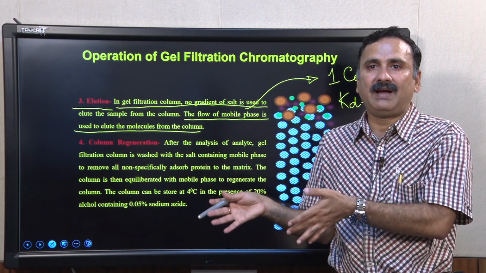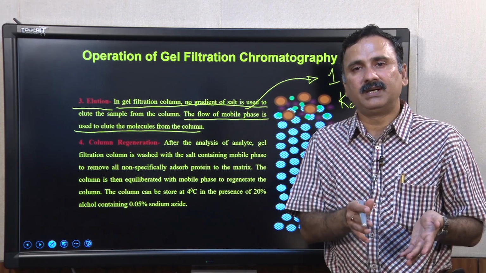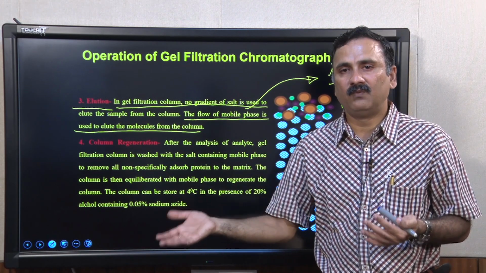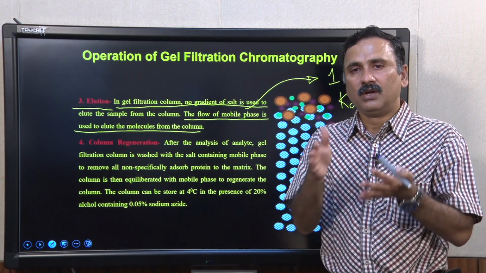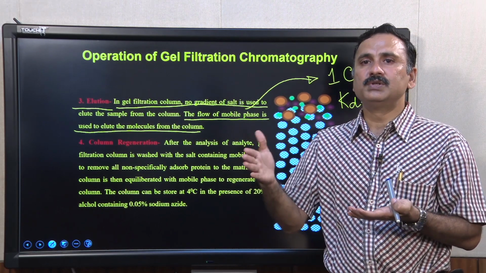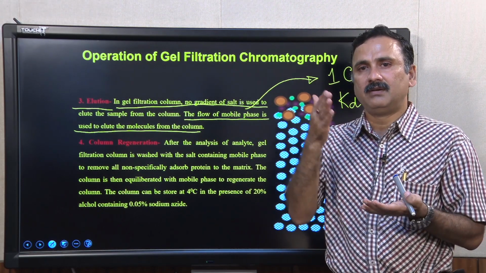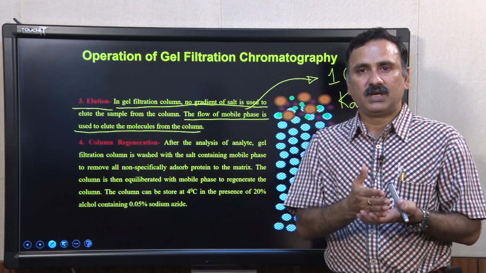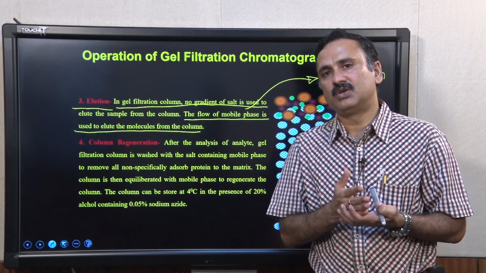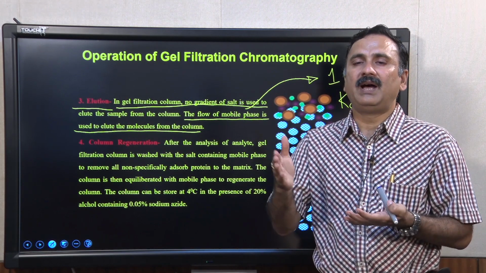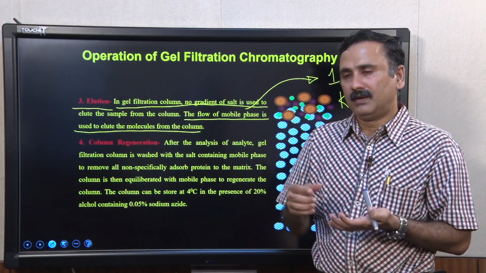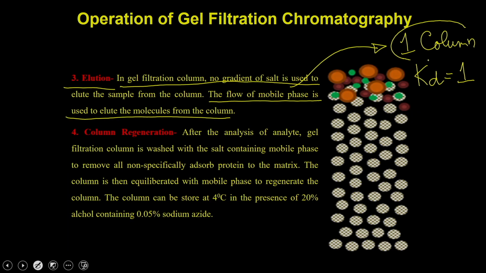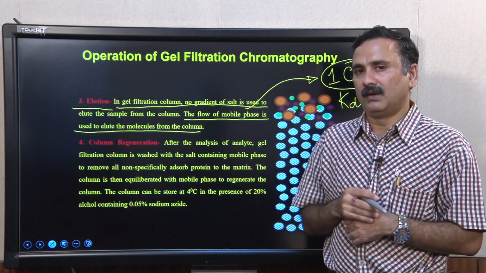You cannot have a Kd more than 1, because if you have a Kd of more than 1, then that molecule is going to be stuck to the column and will not elute. So, those molecules which are going to be separated by gel filtration chromatography will not have a Kd more than 1. That is why one column volume is good enough to elute the molecules from the column.